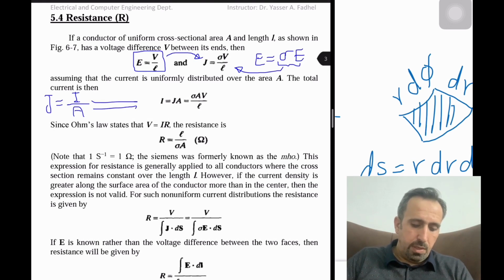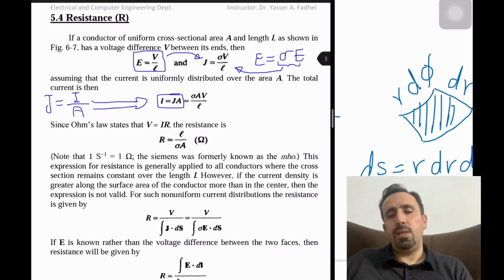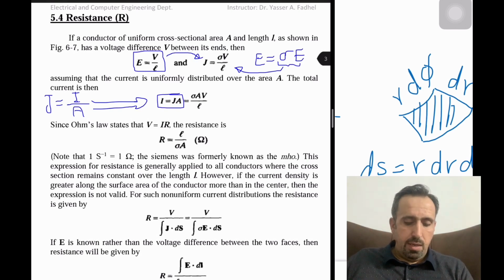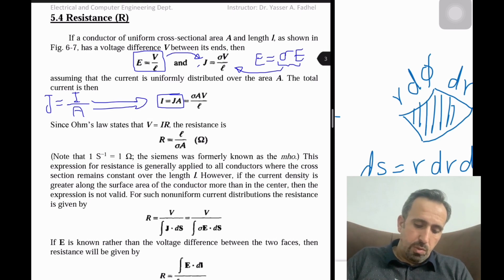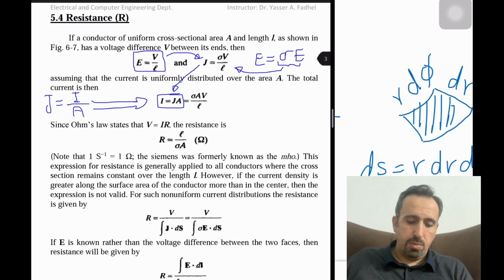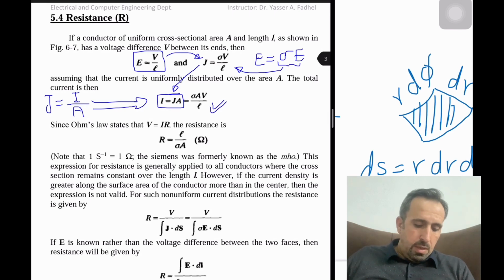From this you can conclude that the amount of current will be J multiplied by A, and we have just concluded J. If you bring J here and substitute it, you will get this. Okay?